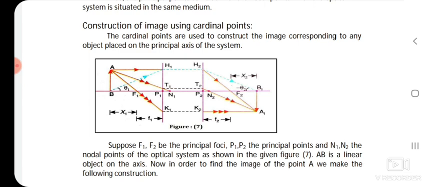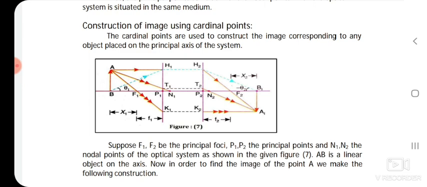Further, if you consider triangle A1B1F2 and H2P2F2, both are similar because both sides are similar. A1B1 divided by H2P2 is equal to B1F2 divided by P2F2.